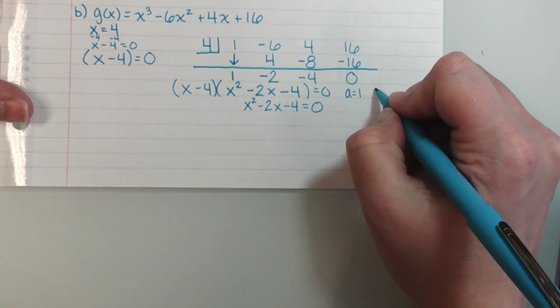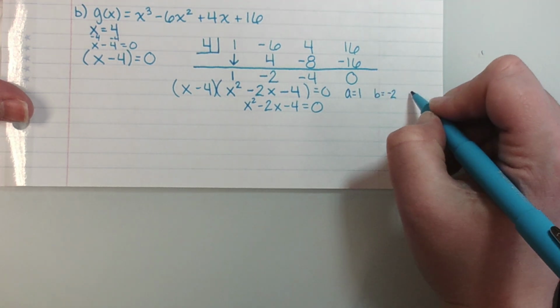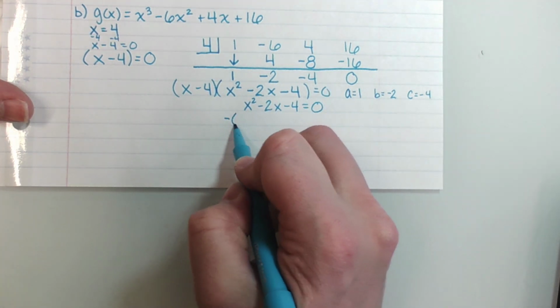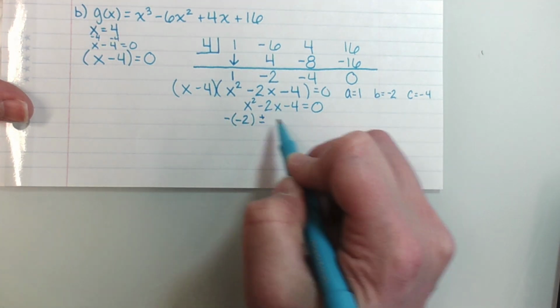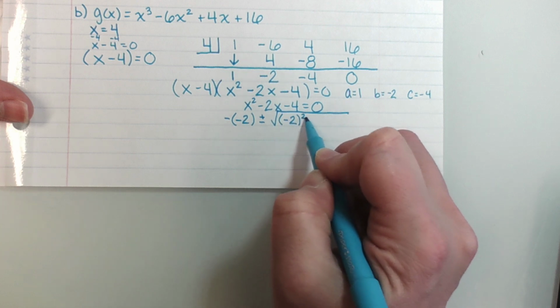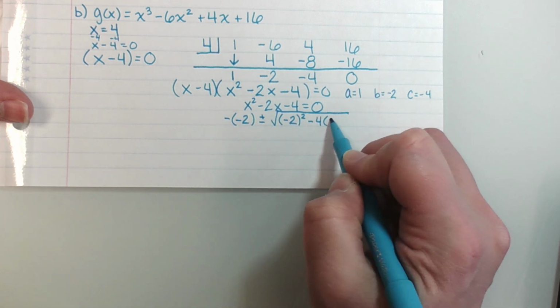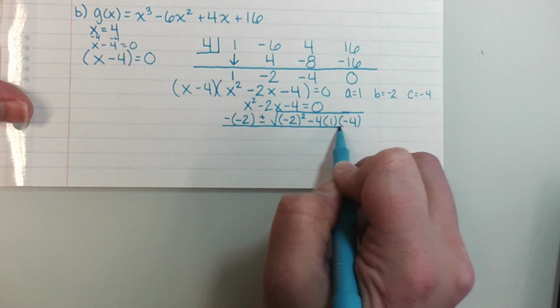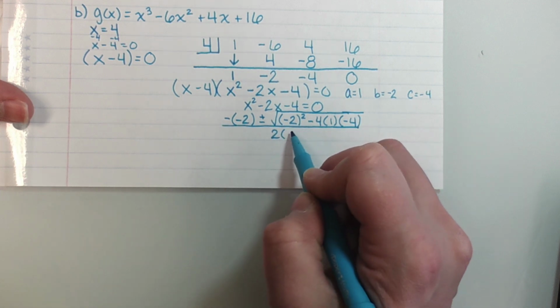What's b? Negative 2. What's c? Negative 4. So, negative negative 2, plus or minus the square root of negative 2 in parentheses squared, minus 4 times 1 times negative 4, all over 2 times 1.